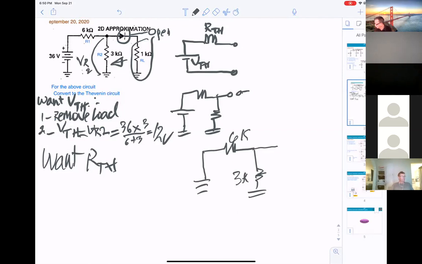So you're looking into here, Thevenin. You can see you get 3K, 6K in parallel. Current flows this one, current flows here. So they will be 6 times 3 over 6 plus 3. Is it 2K?